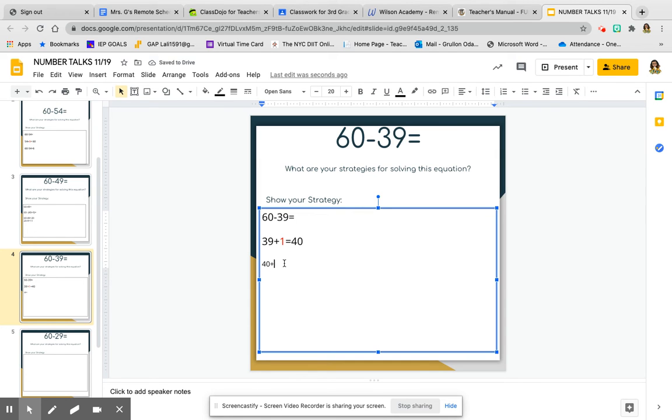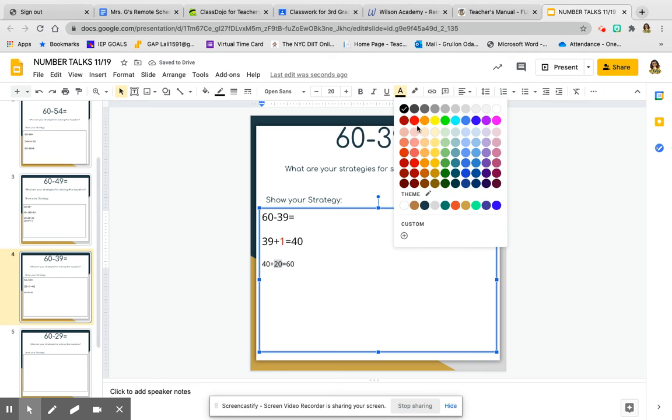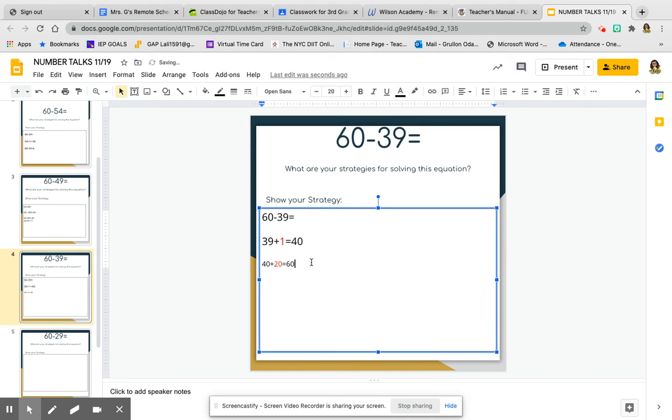So I know that if I add 20, because I know 4 plus 2 is 6, if I add 40 plus 20, that's going to give me 60. I'm going to make my 20 here red. Then I'm going to rewrite my number sentence with my digits that are in red. So I have 20 plus 1 equals 21.